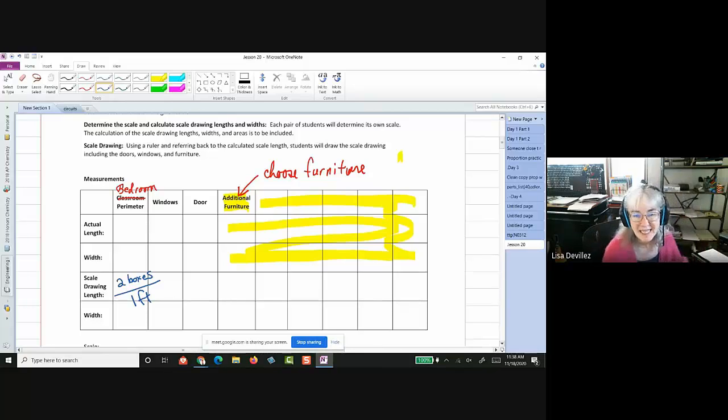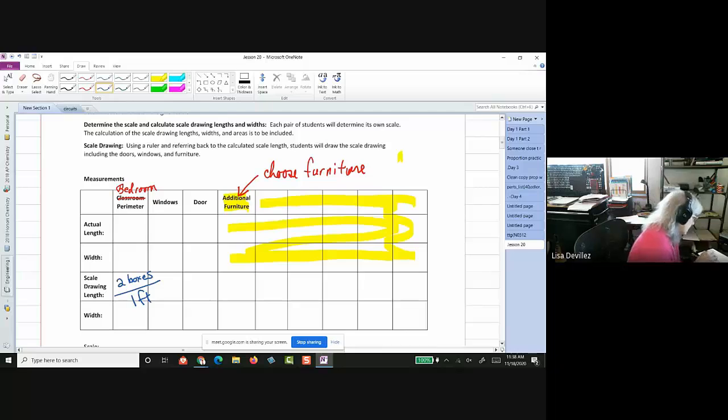Okay, so that's what I mean by a scale factor. But you get to pick what scale factor you're going to use. And again, the key thing is you want to pick one that lets you use most of the graph paper. You don't want it all crammed into the center, but one that isn't too big so that you can't fit everything on the graph paper.